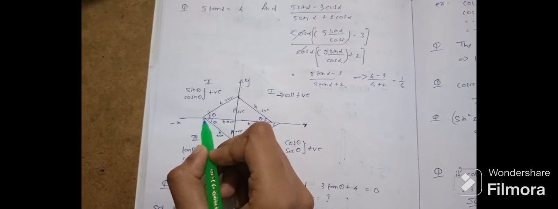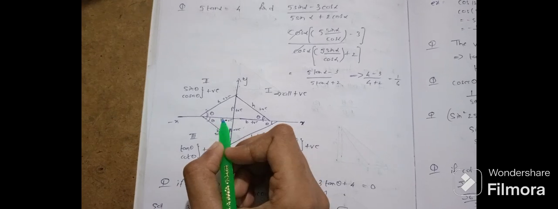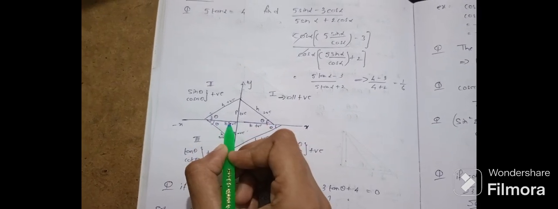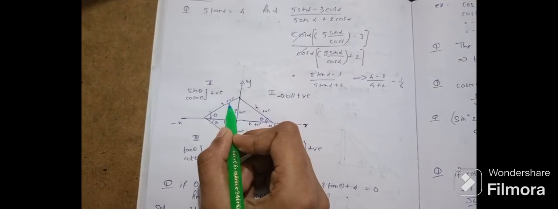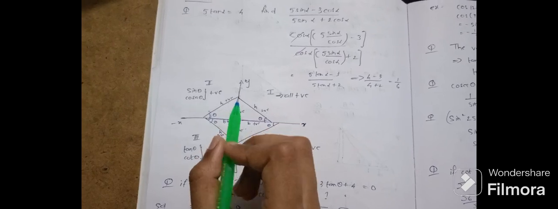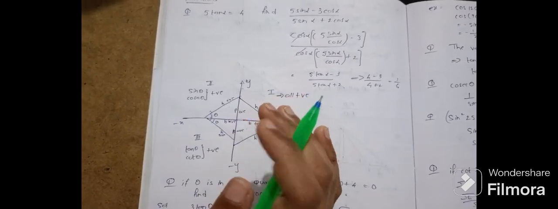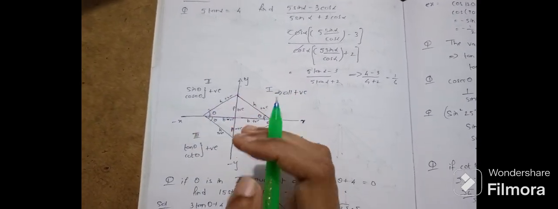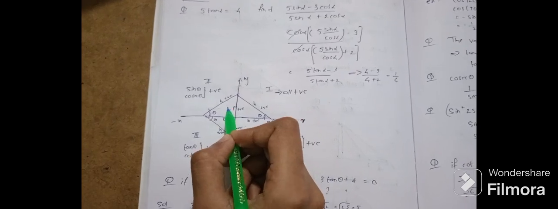Now let us consider cos theta. Cos theta equals adjacent side by hypotenuse. Here the adjacent side is negative, so negative divided by positive, the result will be negative. So cos theta will not be positive here. Tan theta, cot theta, everything will be negative here, except sin theta and cosecant theta.